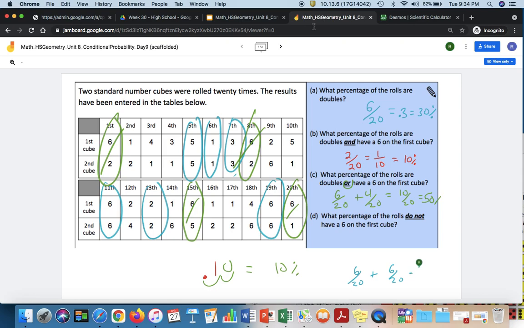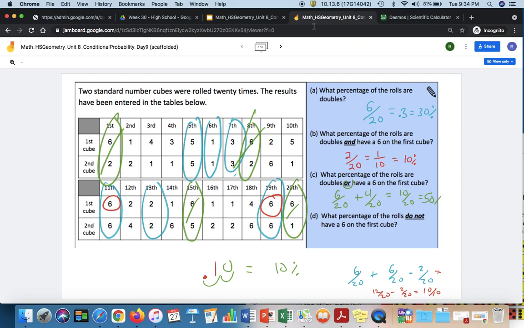And then we take away the 2 out of 20 in red here for what I have in terms of the repeating, because we're counting them twice, as doubles and 6 on the first cube, so we want to take those away. And if we do that, we'll get 12 out of 20 minus 2 over 20. And again, we get to 10 out of 20. That's using the addition rule.